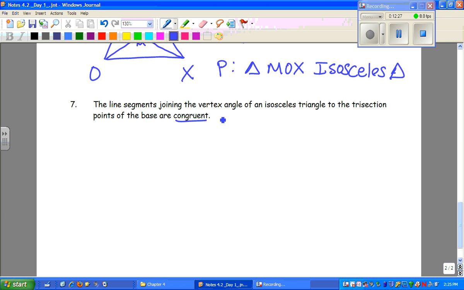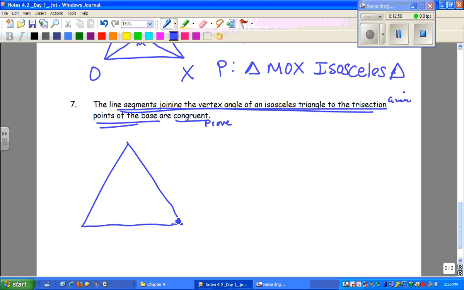Well, all of the beginning part, this is the part where you're trying to prove. And then the other part is the given. So the rest of this line segment stuff here, there's your given. So let's do it.